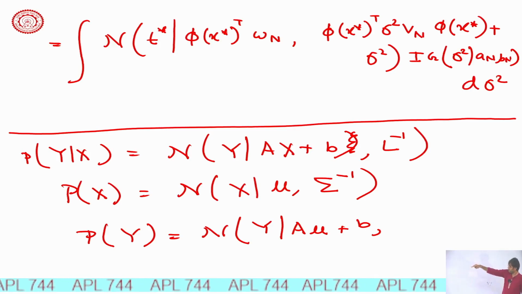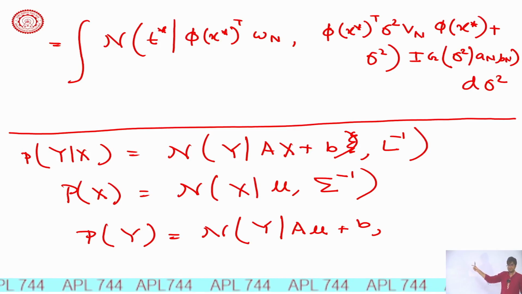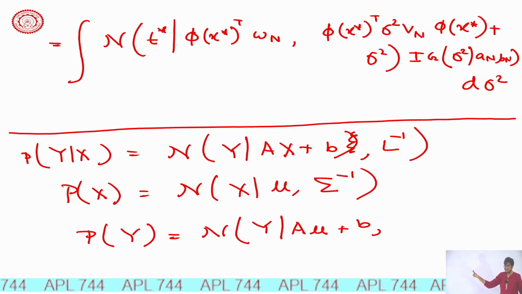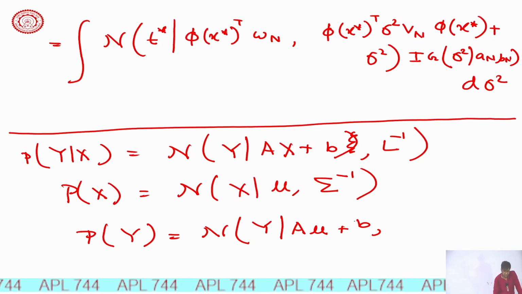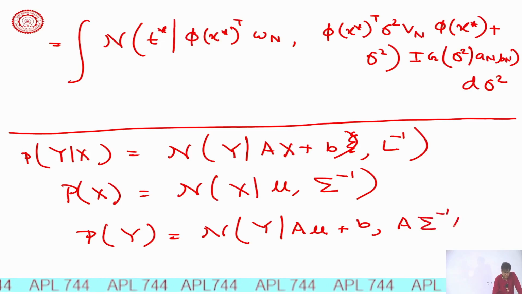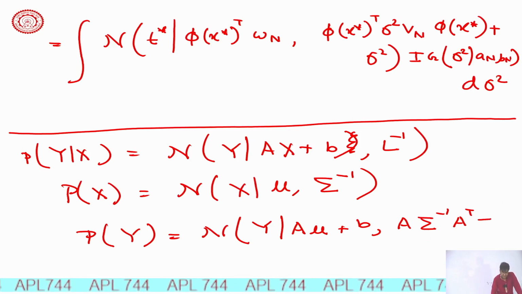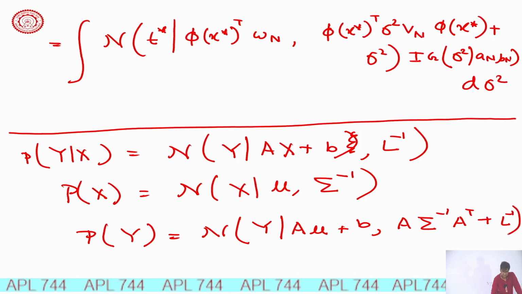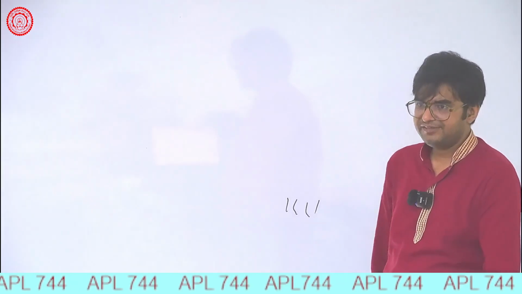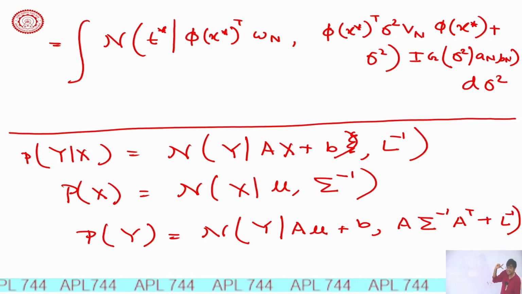So covariance of this will become a covariance of x, a transpose, which is equal to a sigma inverse a transpose plus L inverse. Now how did we arrive at this? So this is what we have used.